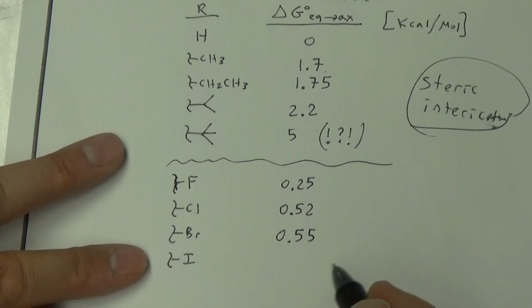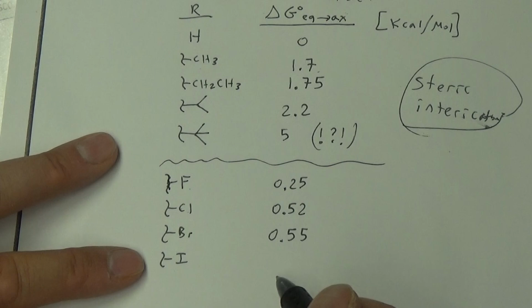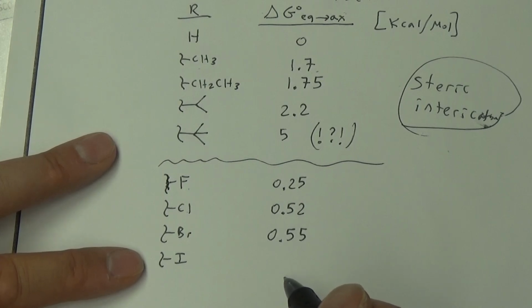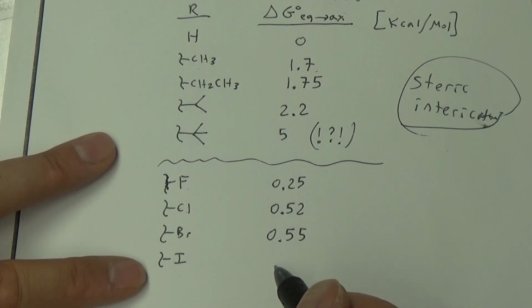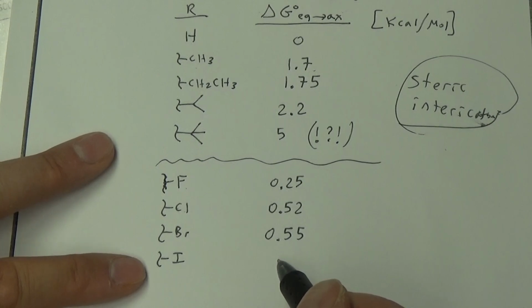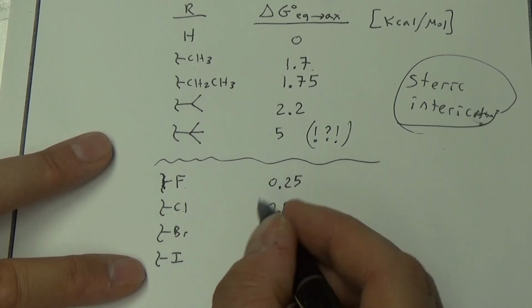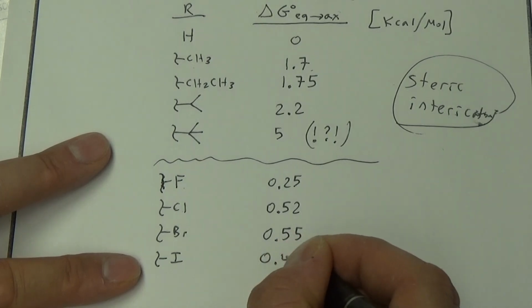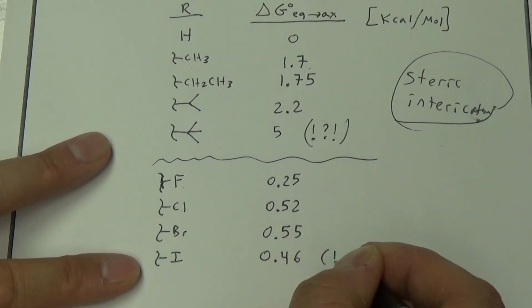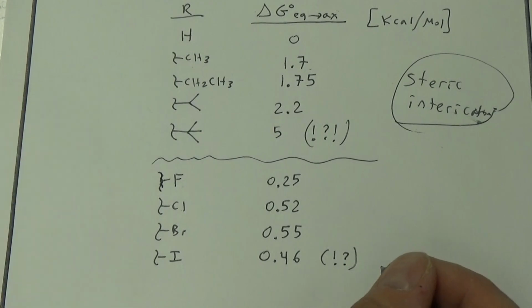Iodine. Bigger or smaller? It's bigger, so the number should be bigger as well. But it's not. It's an anomalous one. It's 0.46. So we'll put an exclamation question mark.